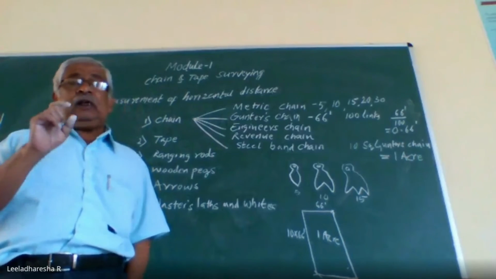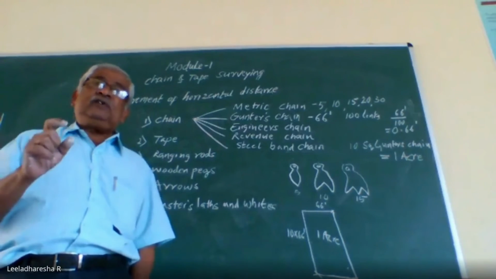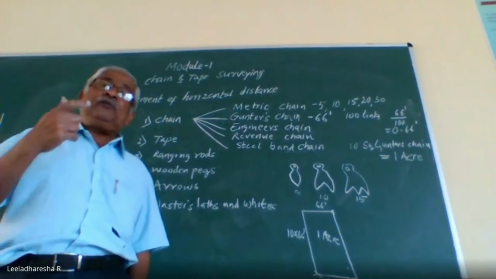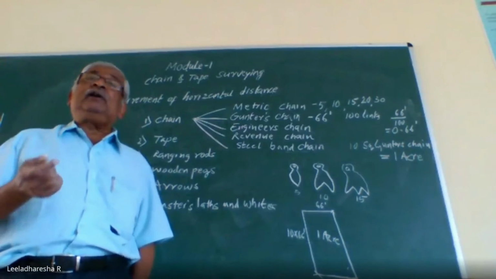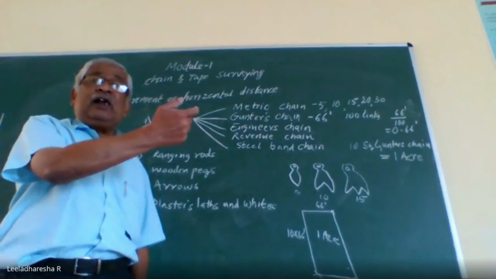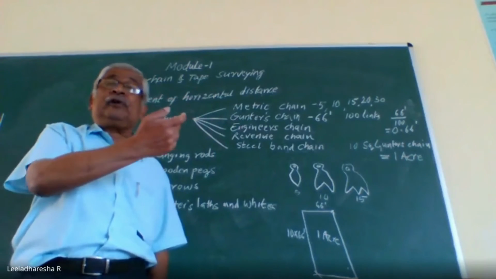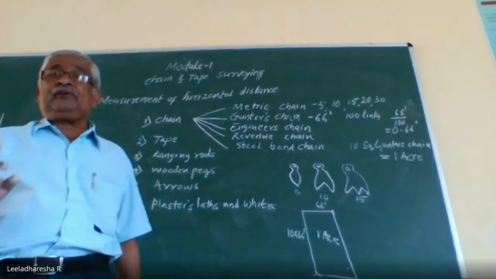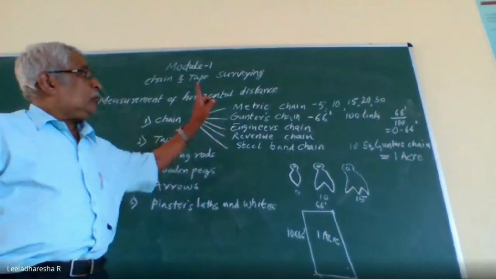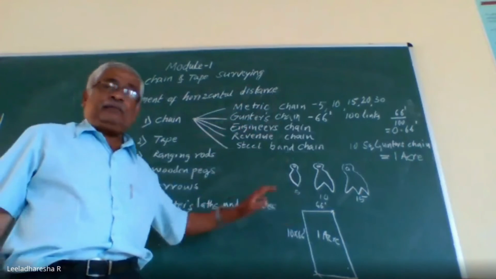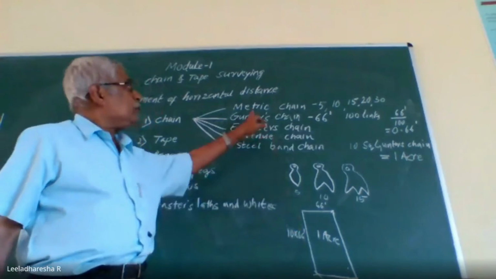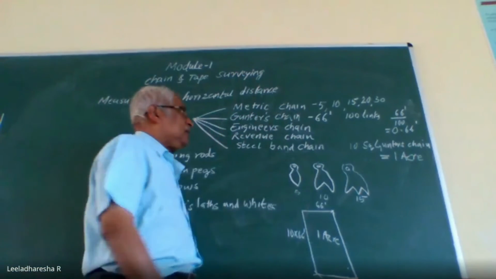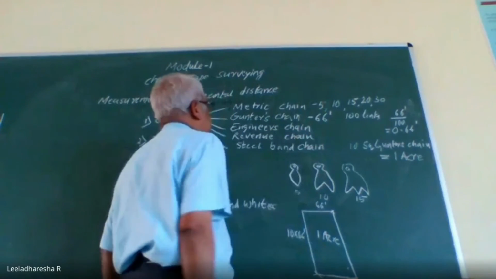So, still in public, this FPS system is being adopted. If you go to any revenue department, they tell you your land is 4 acres or 4.5 acres, like that. Therefore, to measure the area of land in acres, this Gunter's chain was very commonly adopted. Even till now, this is used.